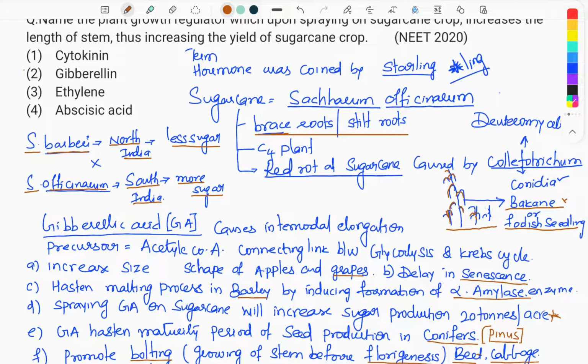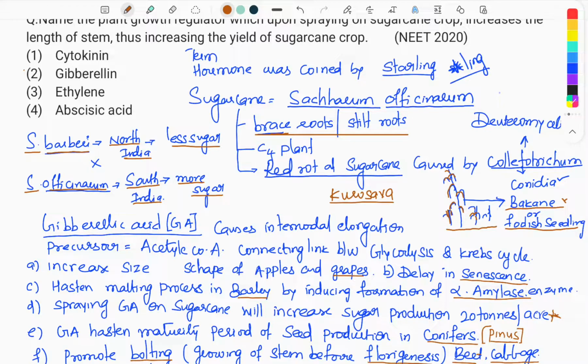It was observed by a scientist called Kurosawa, a Japanese scientist. He observed it for the first time. He obtained the sterile extracts of the infected plant and applied them to a healthy plant, and the healthy plant too got the same disease, that is foolish seedling or Bakanae disease.